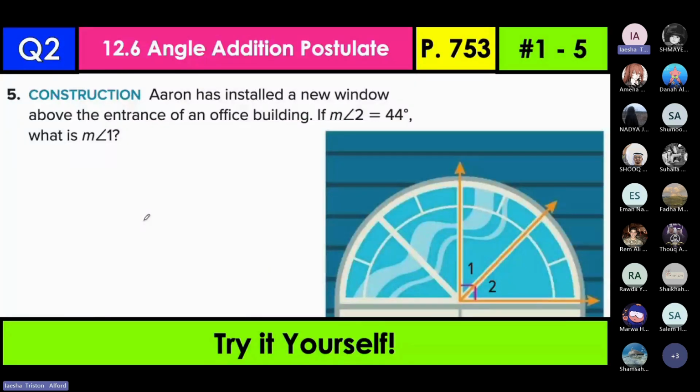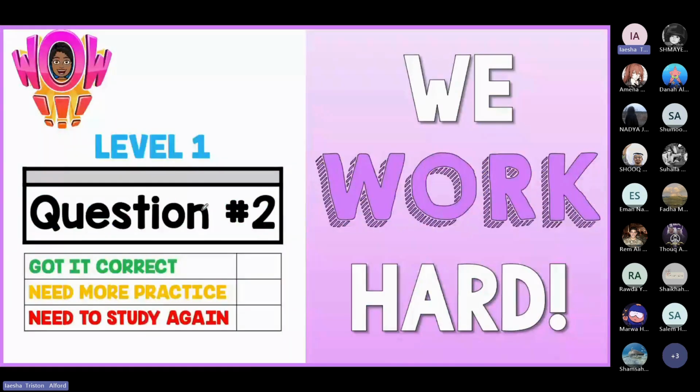If you do not know how to do it, when I open the meeting after Eid, so next week, Friday, you can ask me a question about it if you got stuck, okay? But those ones, I'm not going to solve. So I think question number 2 is going to be level 1. Should be easy.